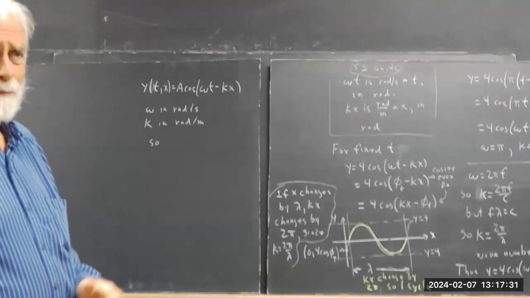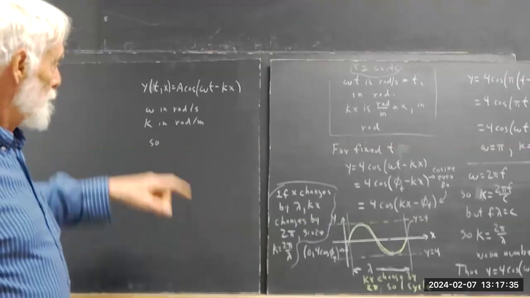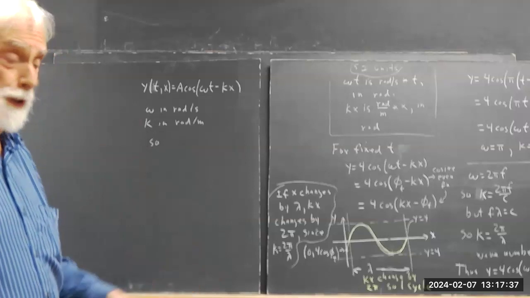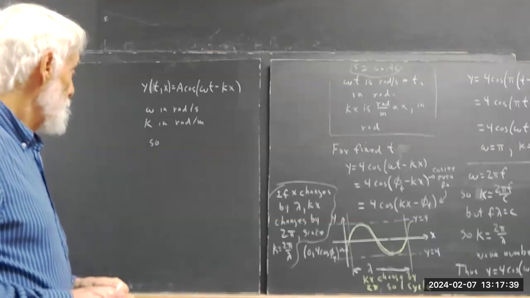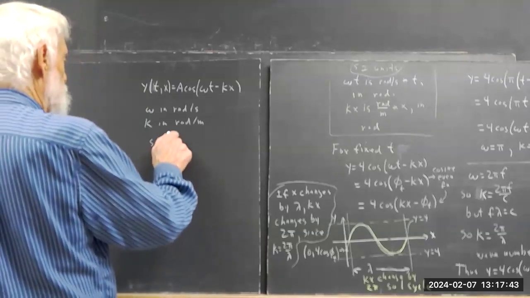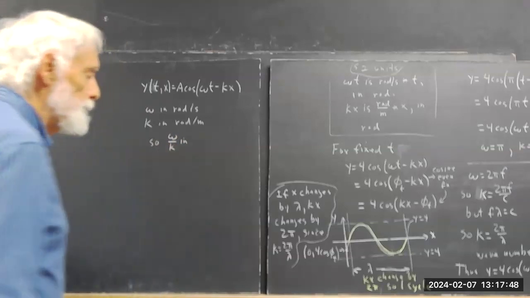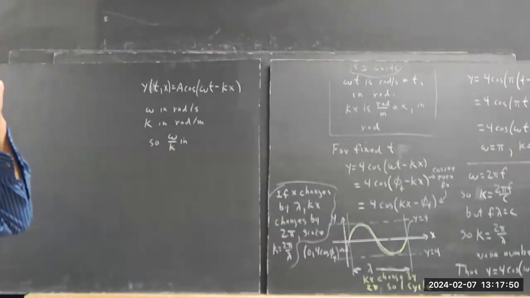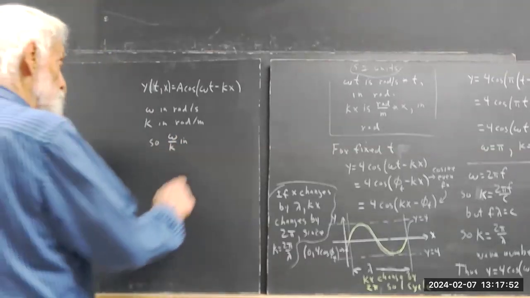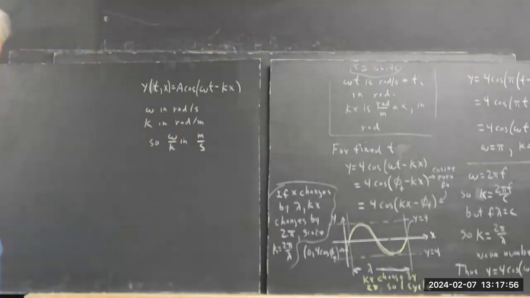That make any sense? Wouldn't make any sense to multiply these. It wouldn't have any meaning. What if you divide omega by k? Hopefully you thought it before I said it, it's in meters per second, right?